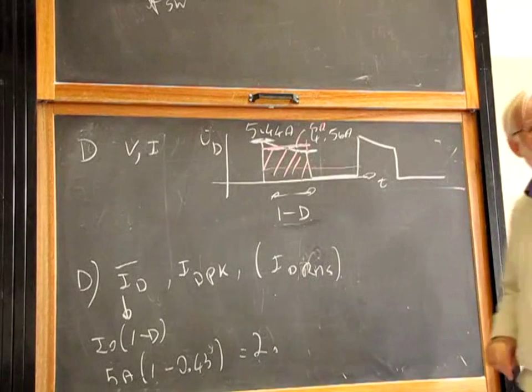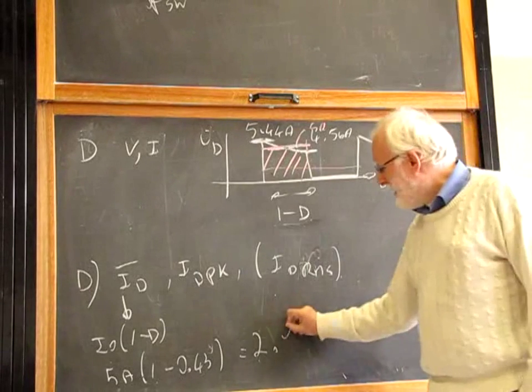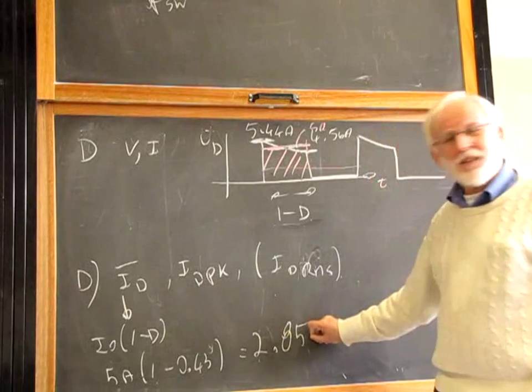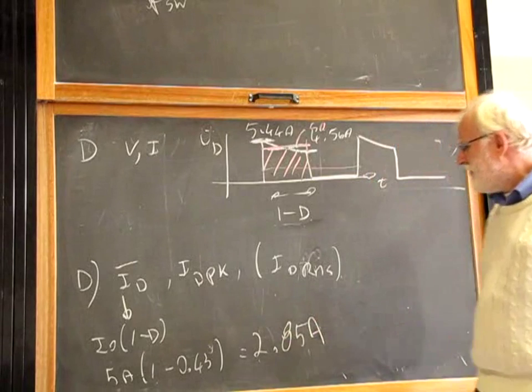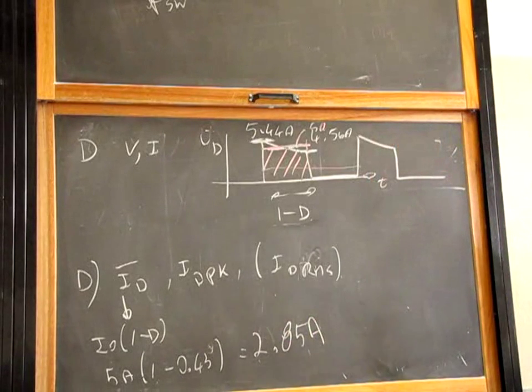Oh, 2.85. I was hearing 5.5. 2.85 what? Amps. This is the average current.